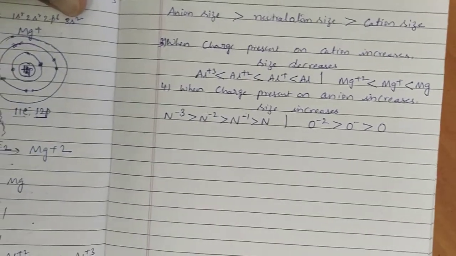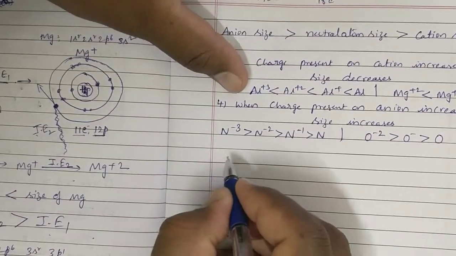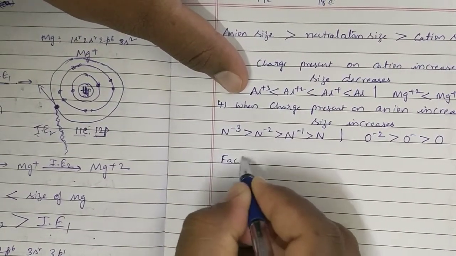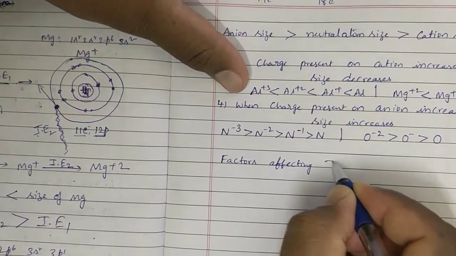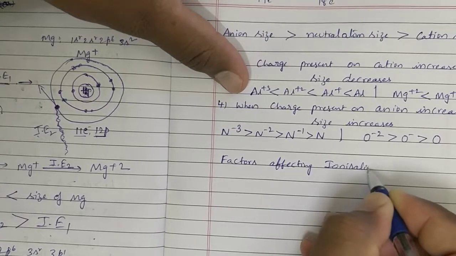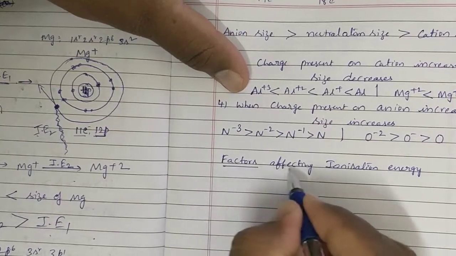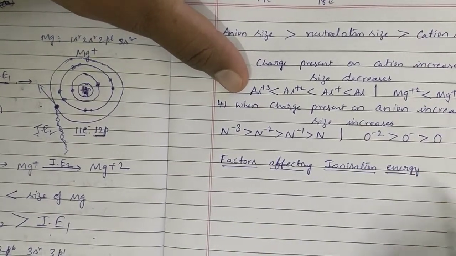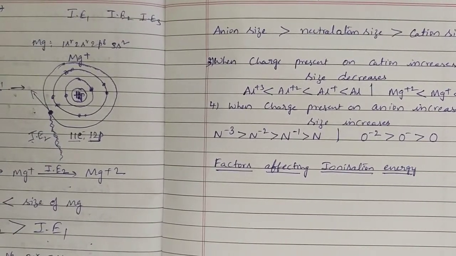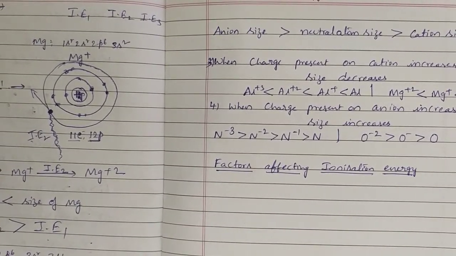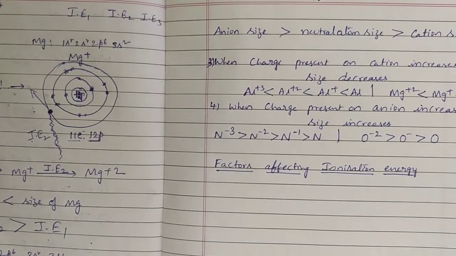Before that, we have one term called factors affecting ionization energy. After completion of this only, we can go through the variation of ionization energy in groups and periods.